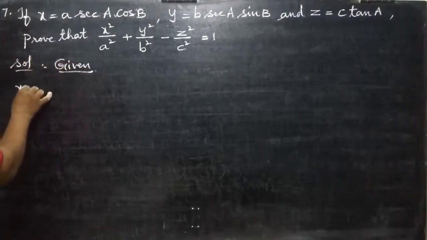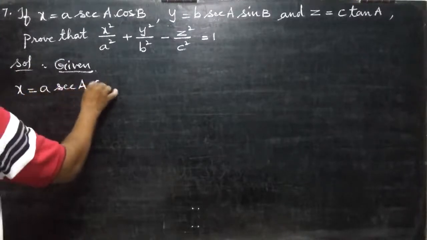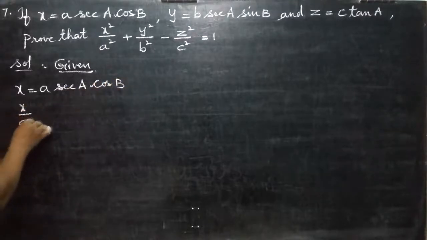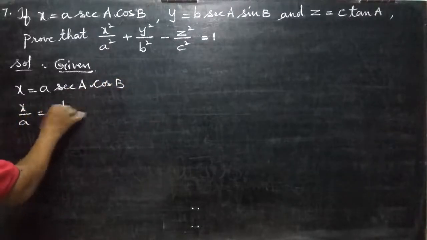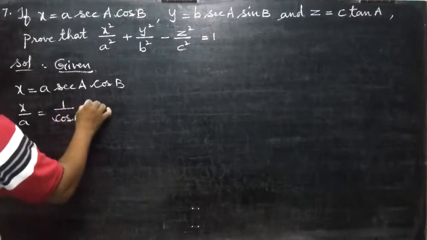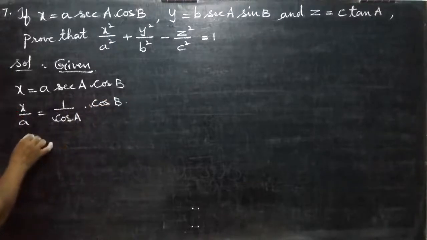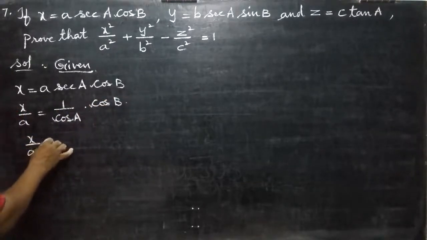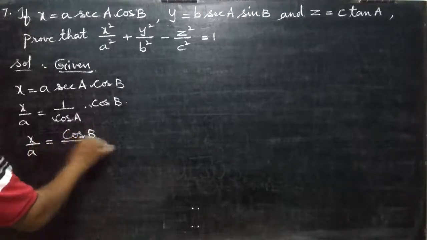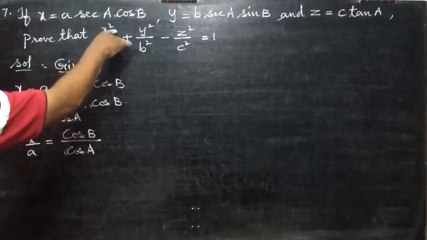x is equal to a secant A into cos B. x by a, variables on one side, secant A I am writing as 1 by cos A, the reciprocal, into cos B. Now x by a is equal to cos B by cos A. Here we are seeing x square by a square.